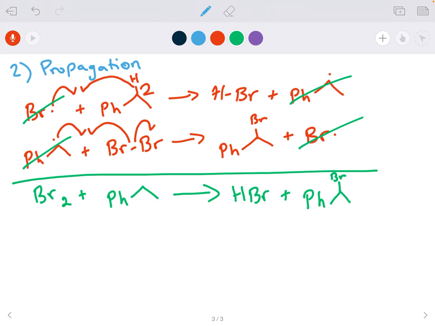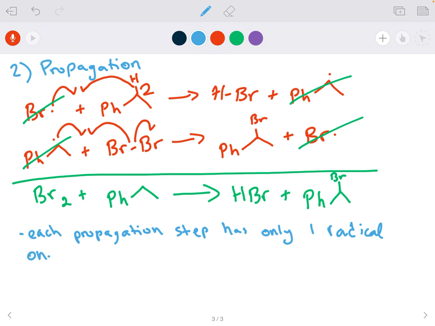Now, a few other things to note about the propagation. Each propagation step has only one radical on each side of the arrow.